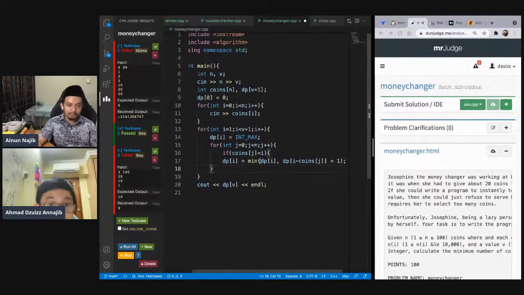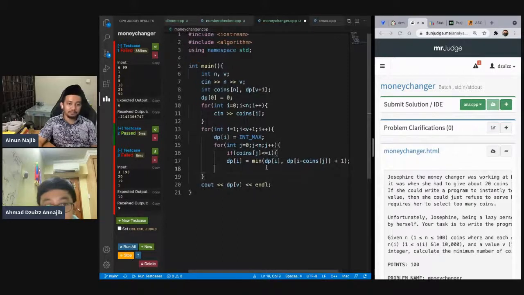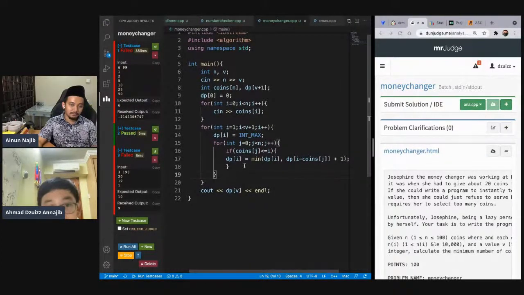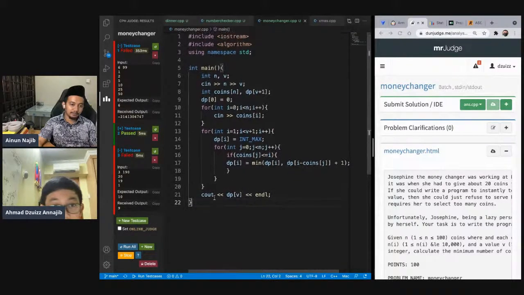Do you allow zero or not? Yes, allow 0. This time you need to allow zero because you're not checking one by one anymore, right? Good. So just to make it neat, you need to indent line 17.